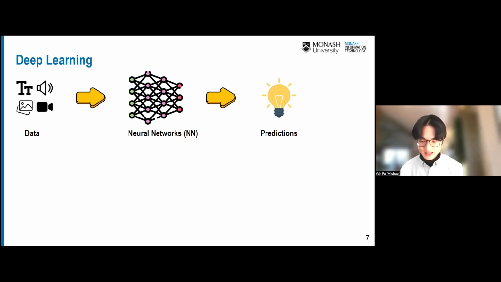Let me give you an example. If I want to input a textual article into neural networks and make it summarize for me, we can't just put the text into networks, because essentially neural networks are mathematical. They are matrices. There are many numeric parameters inside the networks.